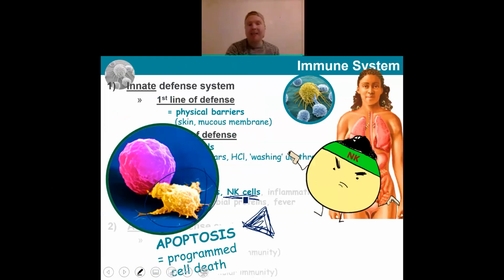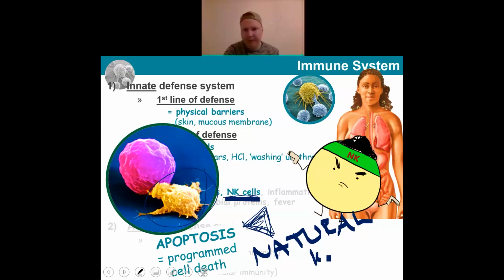The next one is NK cells. NK stands for natural killer. Natural killer cells survey the body all the time for pathogens that shouldn't be there.